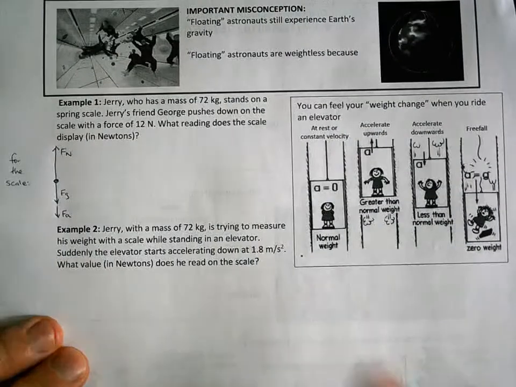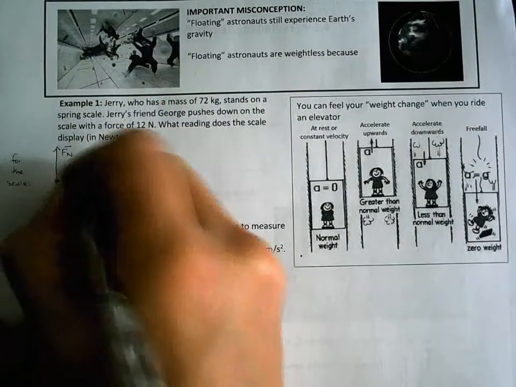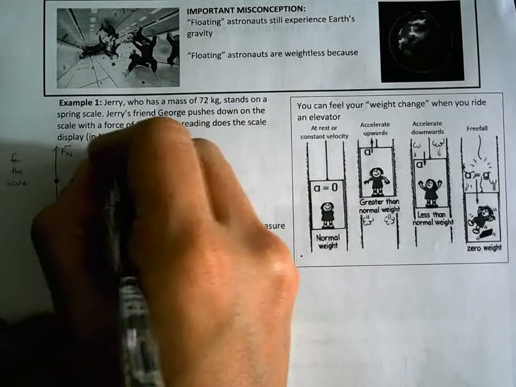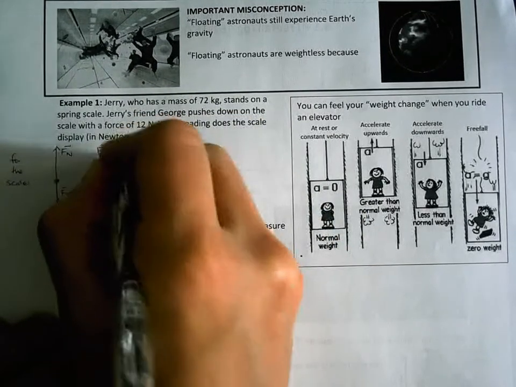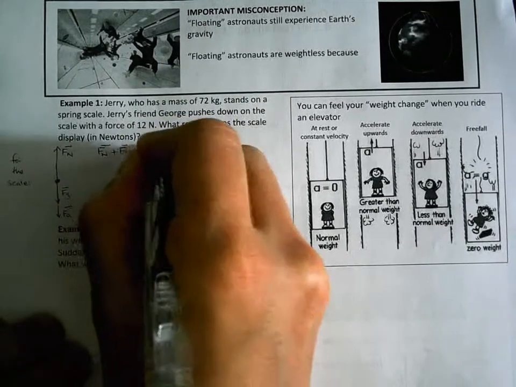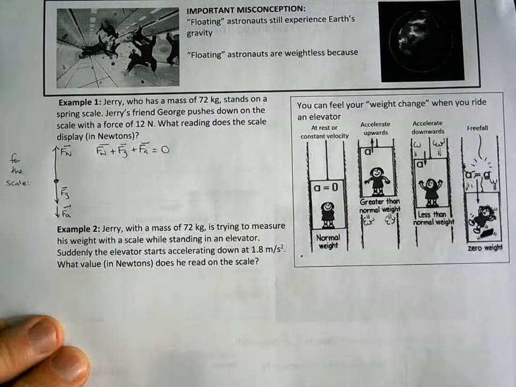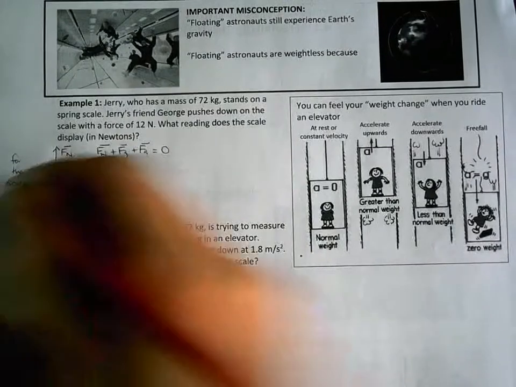Now, because the scale is not moving, we know these have to be balanced. So we know that Fn plus Fg plus Fa equals 0. For the purpose of this question, let's define down as positive.